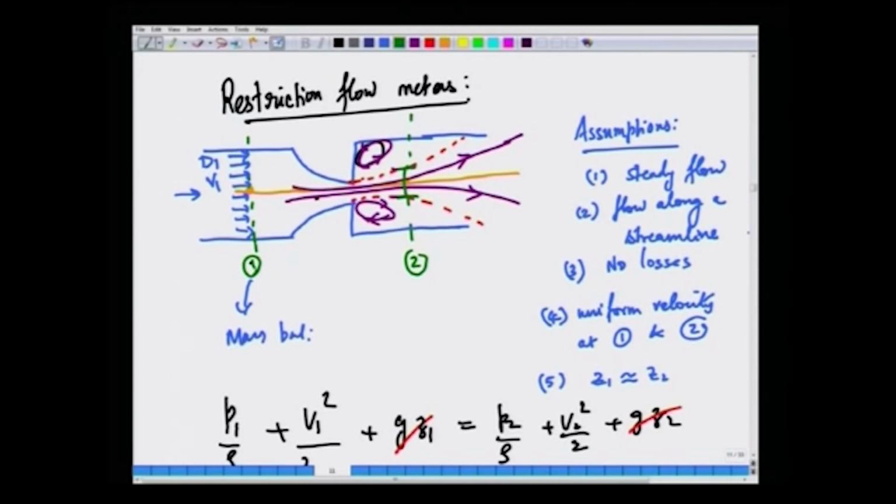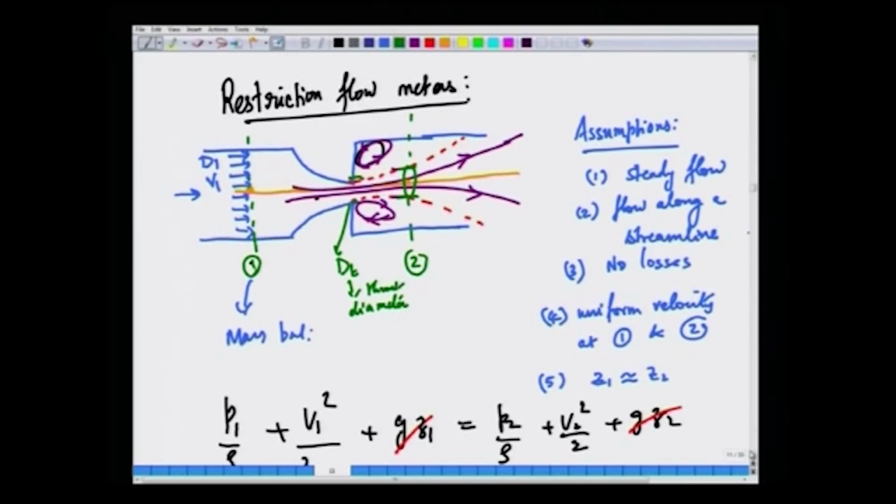We do not know what is this area through which the fluid is flowing a priori, without measurement. But this area is roughly taken to be the area of the throat. The point at which the cross section is the smallest is called the throat, and this is called the throat diameter.